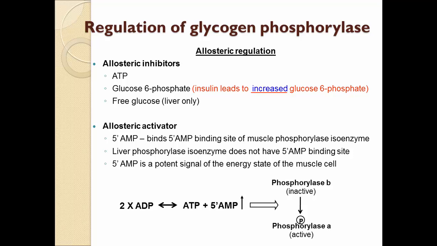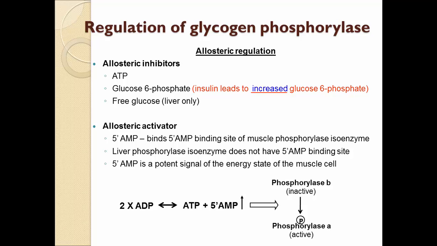And something a little bit specific: 5'-AMP usually binds the binding site. Muscle phosphorylase has the 5'-AMP binding site. So that means 5'-AMP usually regulates the phosphorylase in the muscle, because muscle phosphorylase is a little bit different from the phosphorylase in the liver.